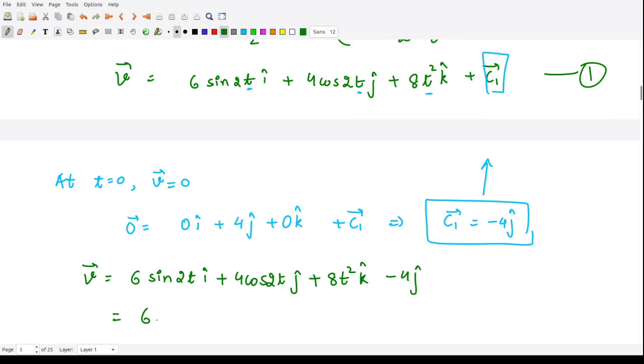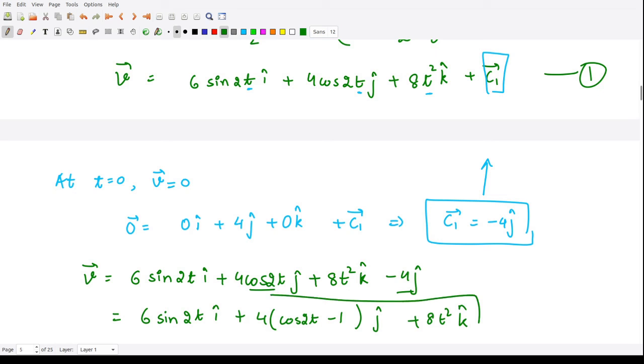So basically it becomes 6 sin 2t i cap plus 4 could be taken outside, and this j cap could also be taken outside from these two terms. So it would be cos 2t minus 1, and plus 8t square k cap. So this is your velocity vector that you intended to compute.